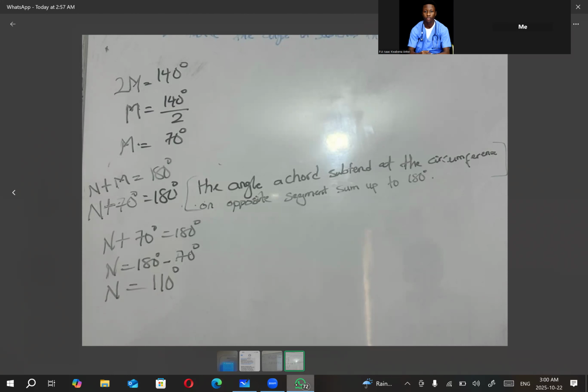Now you have m equals 70 degrees. Now n plus m equals 180. Instead of stating the property, you decided to bring it in the next step. Why is n plus m equals 180? I'm asking you a question.